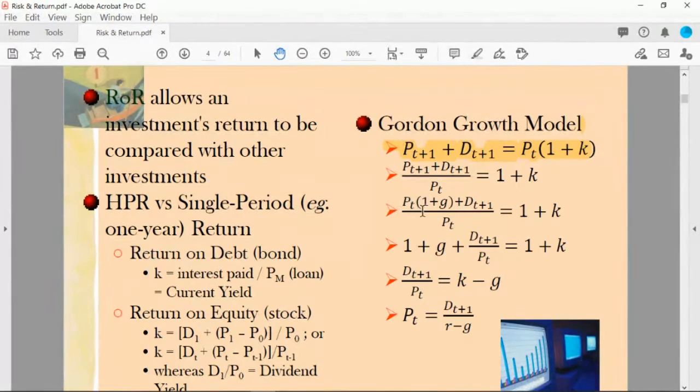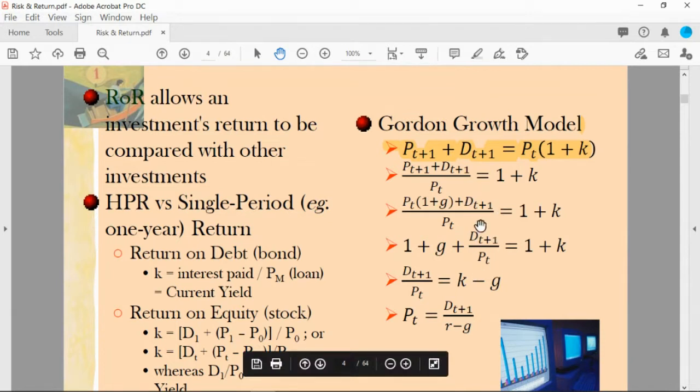And then if you distribute PT into this parenthesis, first it's going to be PT plus PT times G. But PT over PT will cancel out. It will become 1. PT over PT will be 1. And then PT times G over PT will be G, because PT and PT will cancel out.